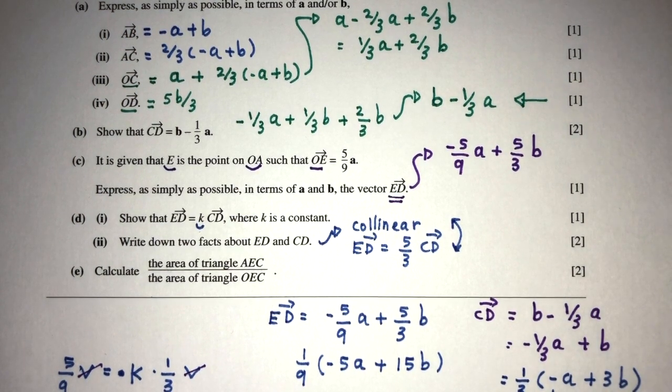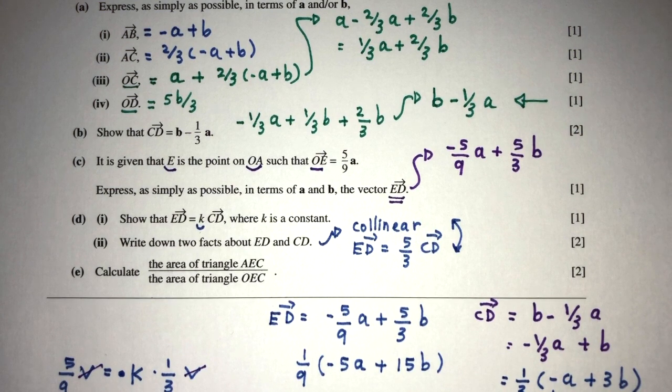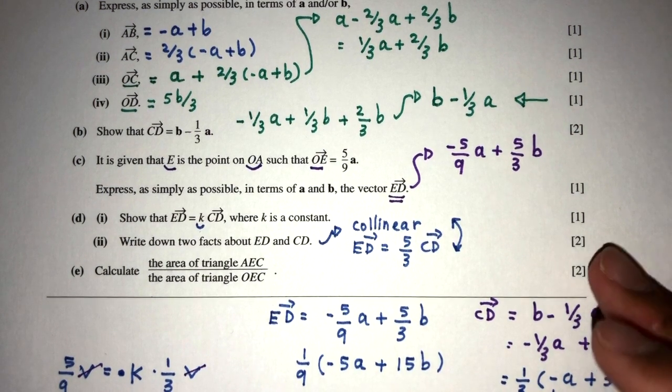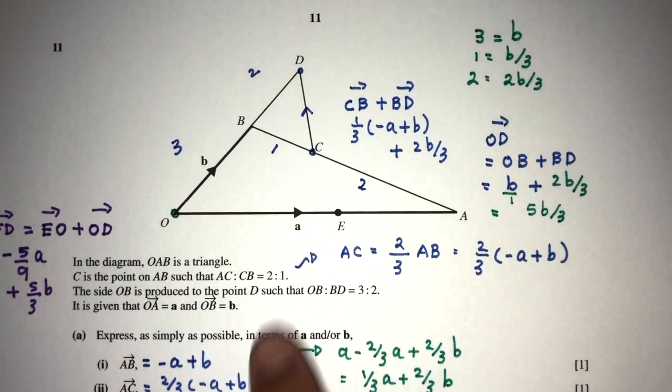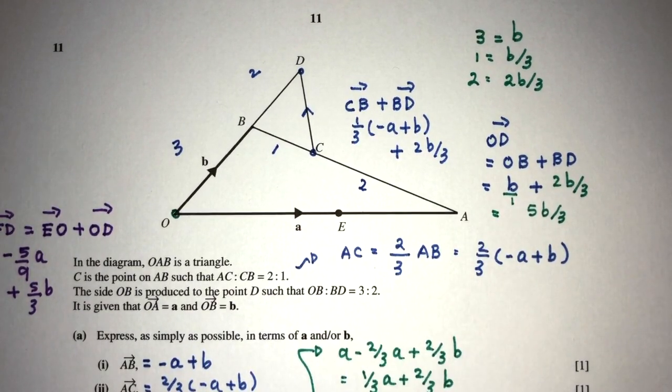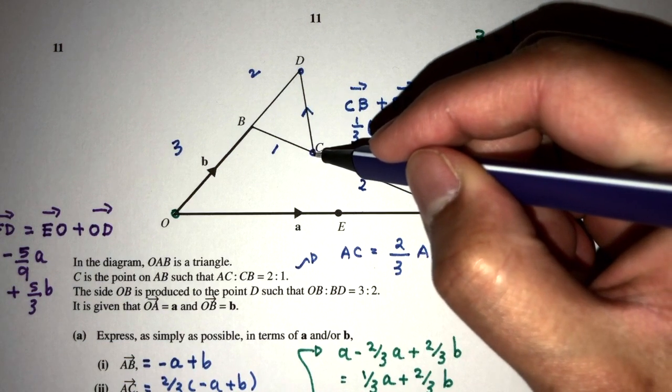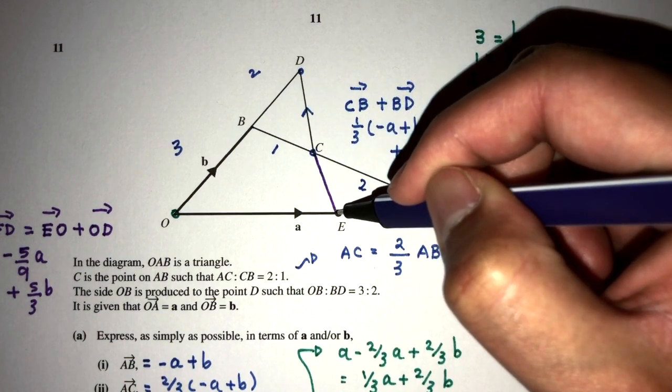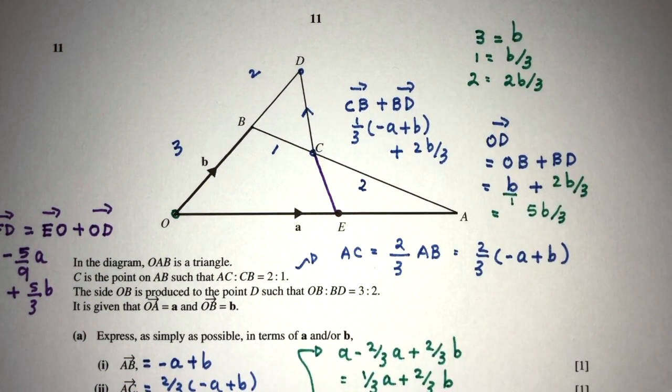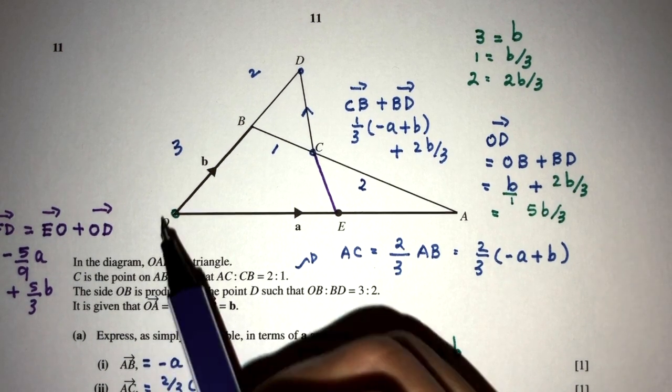Now finally, we have to find the area of triangle AEC over the area of triangle OEC. Let's see why is that. First one, AEC is this one, right? AEC. And we have to find the area of OEC, of this one.